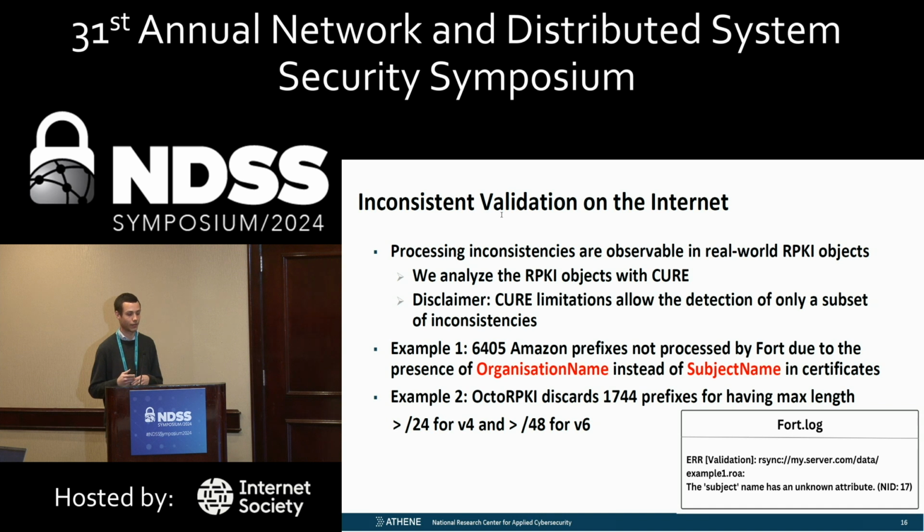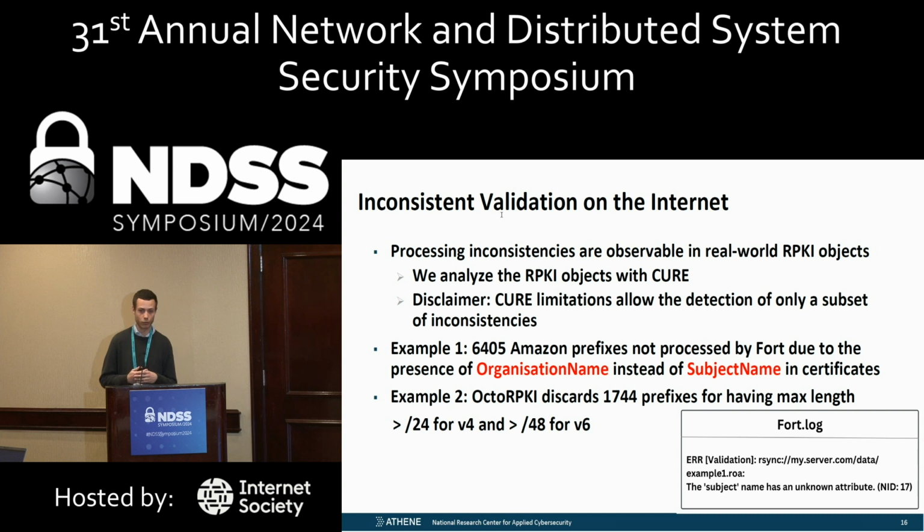Okay, let's come to the last slide of the vulnerabilities. I mentioned that we saw inconsistencies in the processing, and we even saw that these inconsistencies already manifest in real-world objects. The most severe one was an inconsistency in Fort, which is an RP implementation, which didn't accept objects which had an additional subject name, which is just an optional field in the RPKI object.